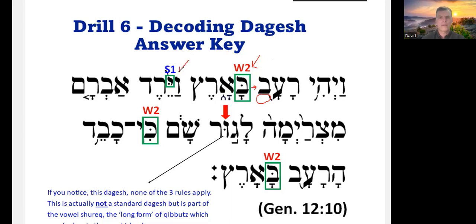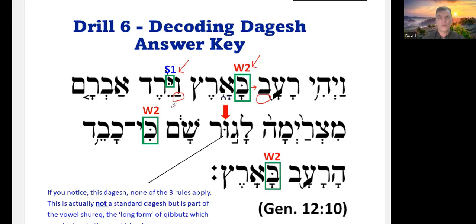Next example, we have an S1, S meaning strong. So if it's strong, we should look to see it being preceded by a vowel, any vowel, that will render it strong, which means gemination, which is doubling. And so we really spell this word vav, yod, yod, resh, dalet.